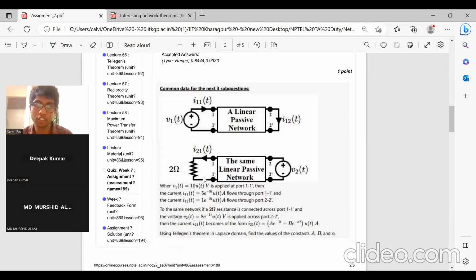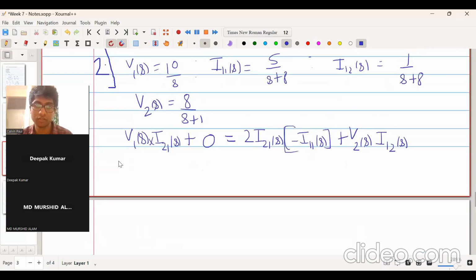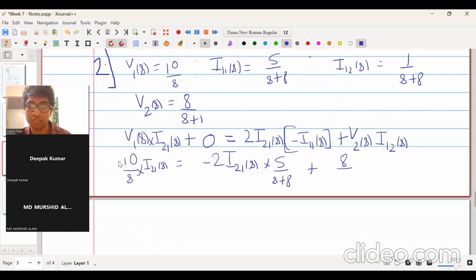Okay, so we got it in this form. Now we substitute those values. So it becomes 10 upon S into I21 of S is equal to minus 2 I21 of S, 2 I11 of S is 5 upon S plus 8, plus V2 of S is 8 upon S plus 1 into 1 upon S plus 8.